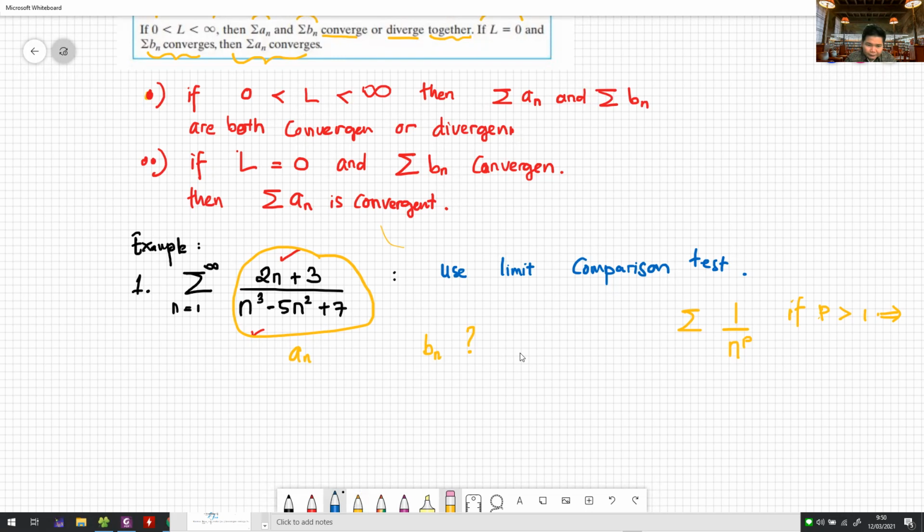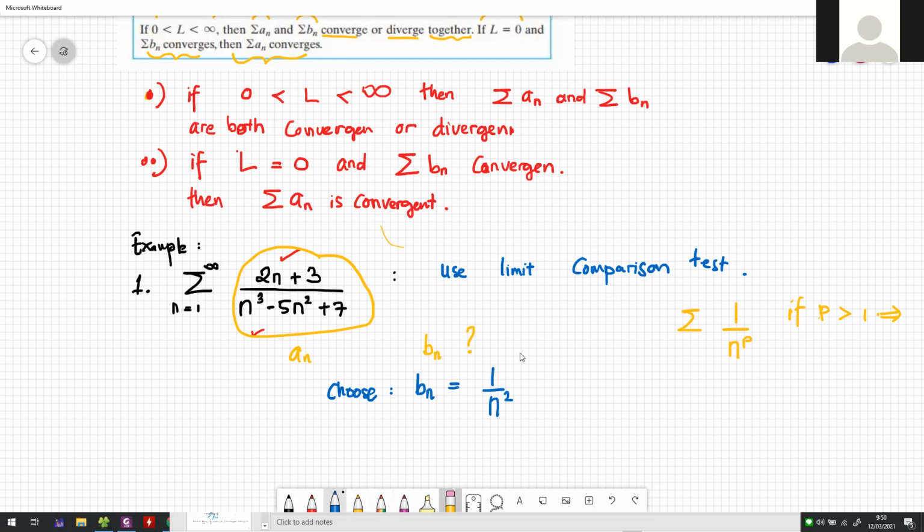Ada yang tahu? Ingat ini pangkat 1, ini pangkat 3. Berarti kita bandingin saja dengan, choose. Ada ide? Ini pangkat 1 di atasnya, di bawahnya pangkat 3. Berarti kita pilih 1 over n.